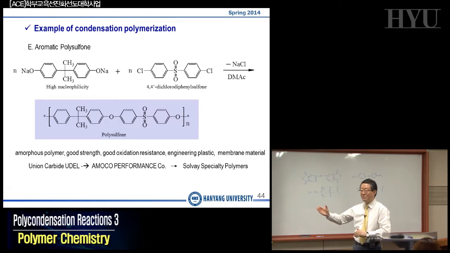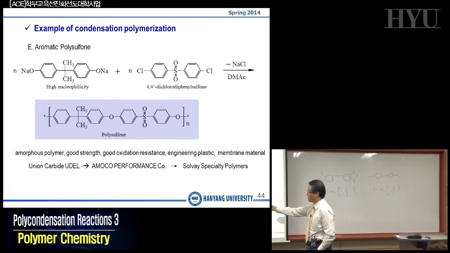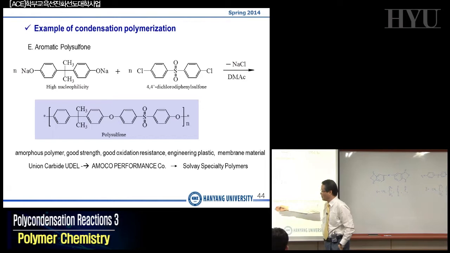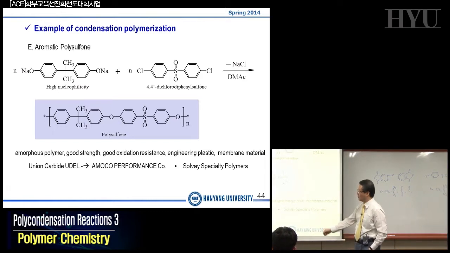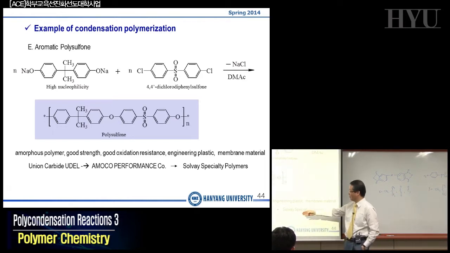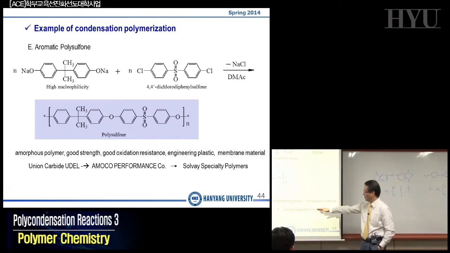So they had to sell this Udel business to Amoco, but Amoco was not as good as before. And Amoco has done the business for about 20 years. But right now, Solvay acquired this business, and they have a plant in Georgia.